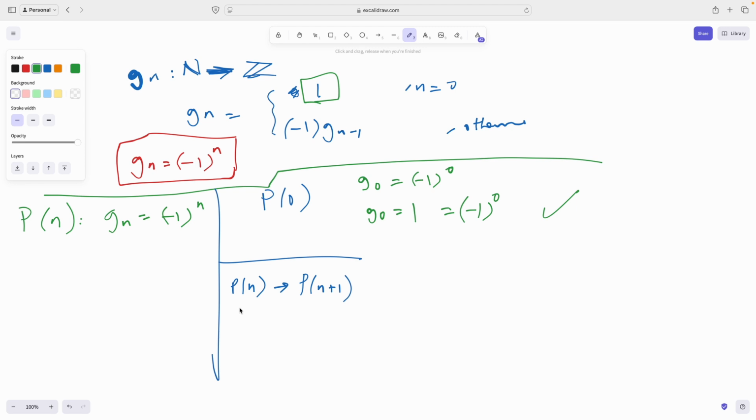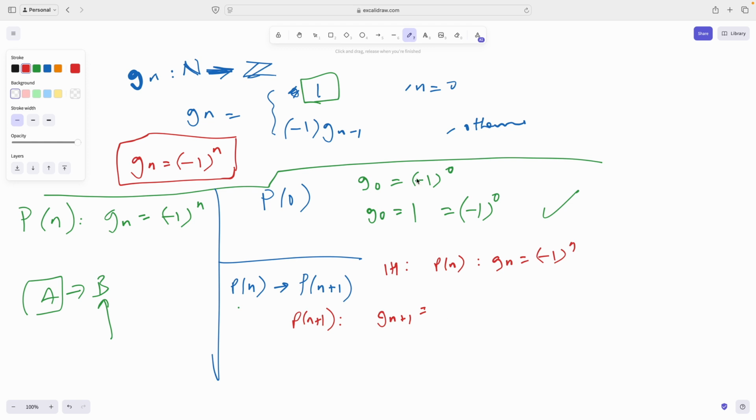Now, to prove an implication, as you know, to prove A implies B, we assume A and then derive B. So what are we assuming here? We're assuming the inductive hypothesis that P(n) is true. That is, g(n) equals (-1)^n. And we want to prove that P(n+1) is true, which says that g(n+1) equals, well, let's write out the definition.